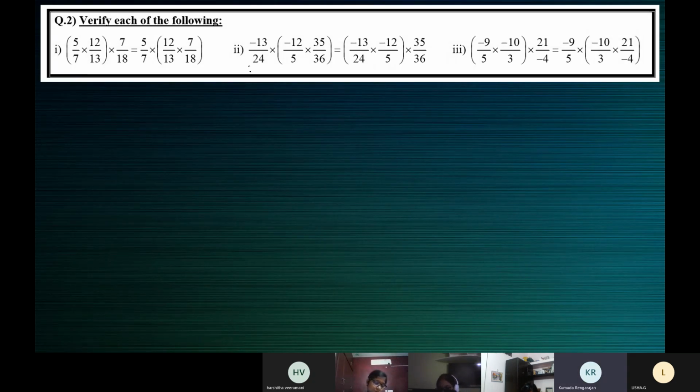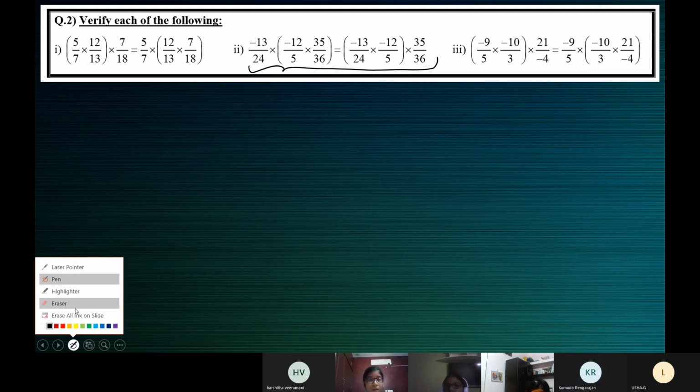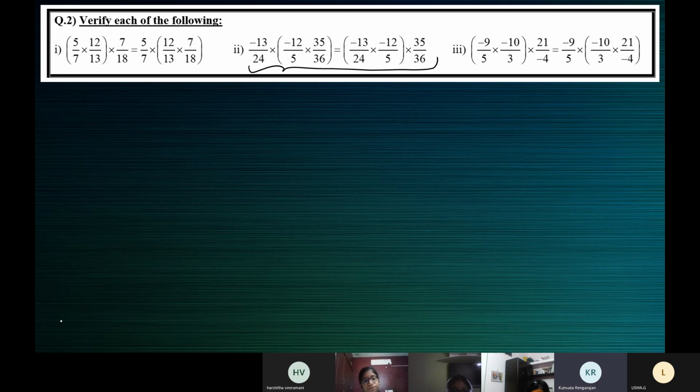Now let's try the second one here. What's the property illustrated there? Ma'am, associative property of multiplication of rational number. Yeah, associative, because we have 3 numbers there. Associative property of multiplication of rational numbers.